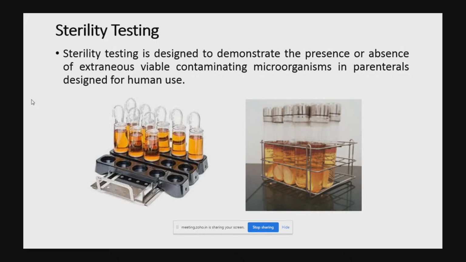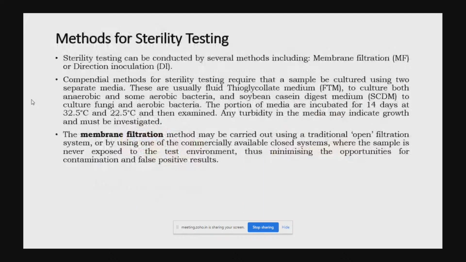Why is it a mandatory test, and why should there be no growth of microorganisms? Because parenterals, everyone should know, the drug is directly administered through intravenous or intramuscular routes. In that way, it's in direct contact with the human blood. And suppose there is some contamination in the injections, then it has a direct adverse impact on the patients. So that's why the sterility test is mandatory in parenteral preparations.